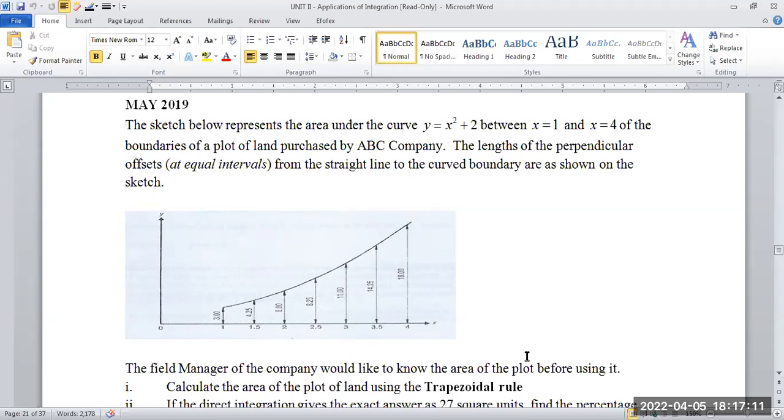So technically, what I could have done is to go ahead and say 3 plus 2 times 4.25 plus 2 times 6 plus 2 times 8.25 plus 2 times 11 plus 2 times 14.25 plus 18, multiplied by delta x over 2.